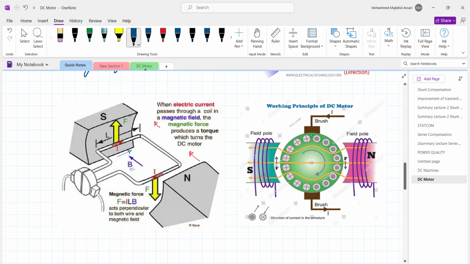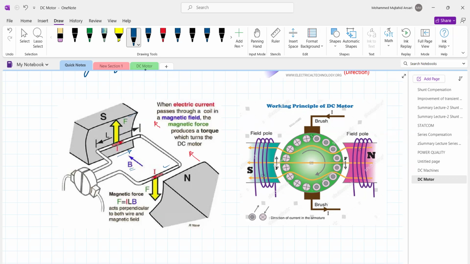Now, as we have taken a loop, two conductors will make one coil. So this is the first conductor and this is the second conductor, right? Now the current in the second conductor is opposite to the first conductor. So this is the opposite current.